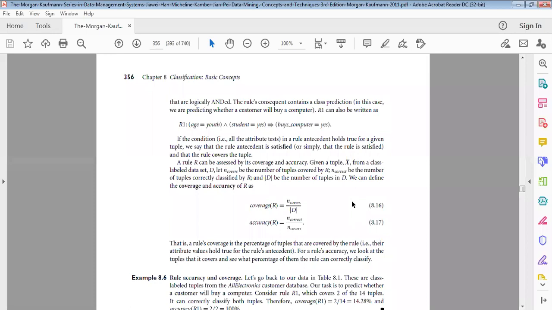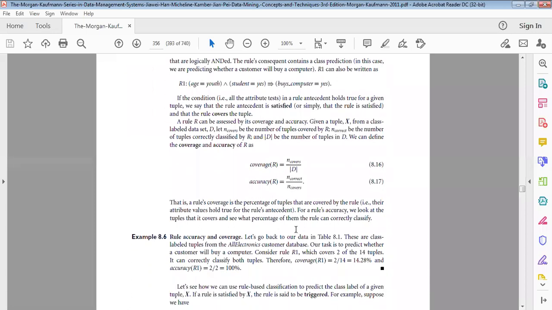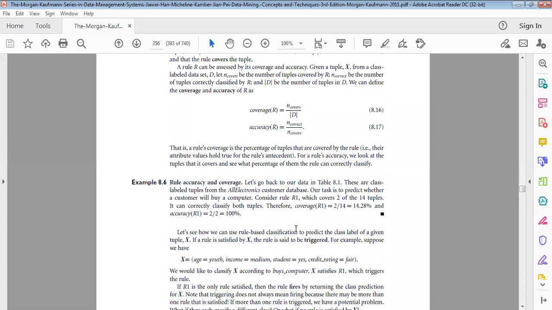So what is the coverage and accuracy of given rules? Coverage of R is n covers divided by the number of data tuples. In a similar way, accuracy you can find out as n correct divided by n covers. For example, you have to see here. Coverage is 2 by 14, that is 14%, and accuracy is 100%.